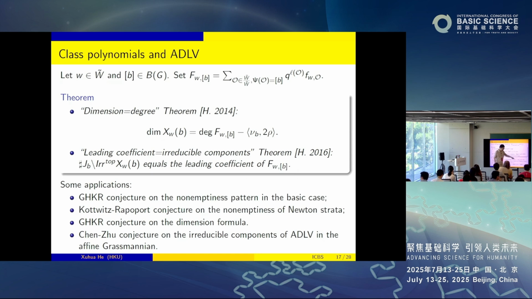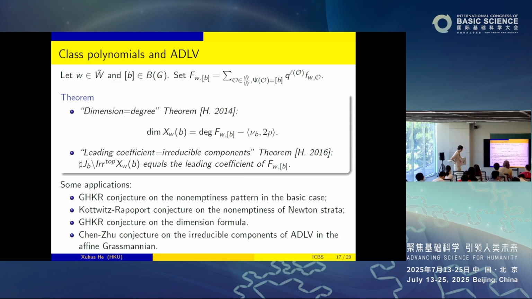And in arithmetic geometry, these numbers correspond to the dimension of the central leaves. And it's not only for the dimension; the number of irreducible components is equal to the leading coefficient of the class polynomials.